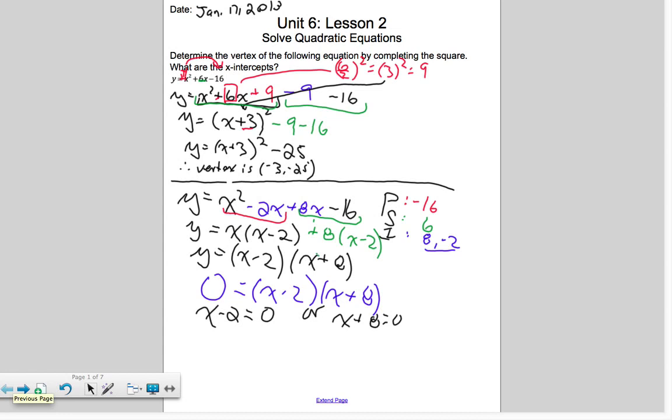So now we're solving two small equations that we've done in grade 9. Here I want to add 2 to both sides, and we have x is equal to 2. Here I want to subtract 8 from both sides, and so x is equal to negative 8.